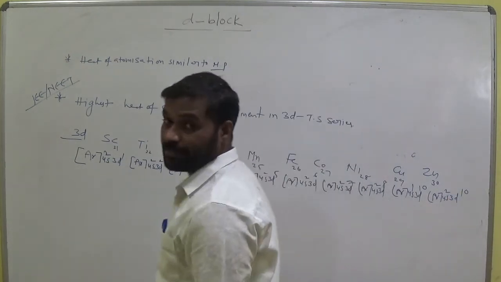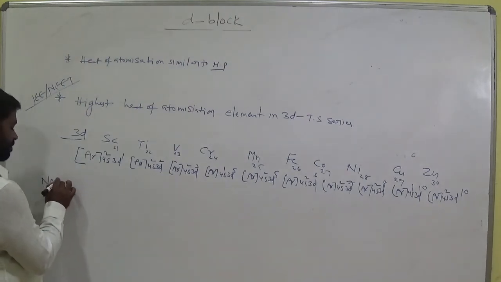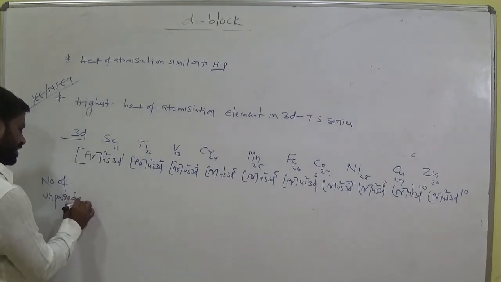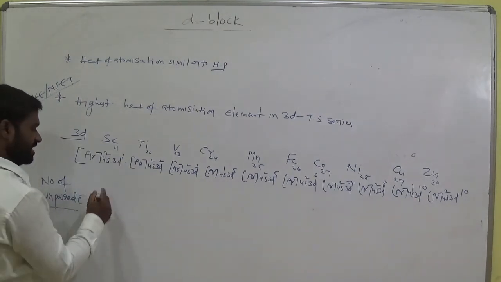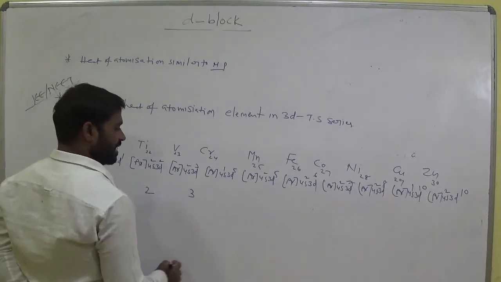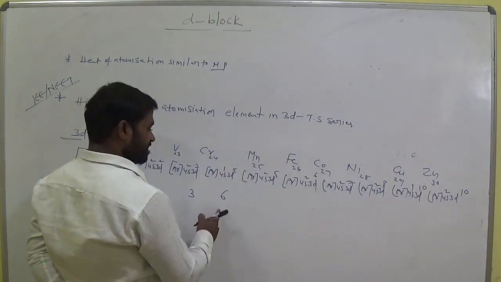Now calculate number of unpaired electrons in each atom. So how many unpaired electrons here? That means single electrons in D. 1 here and here 2, here 3 unpaired electrons, here 5 plus 1, 6 in S1, in D 5, 6.